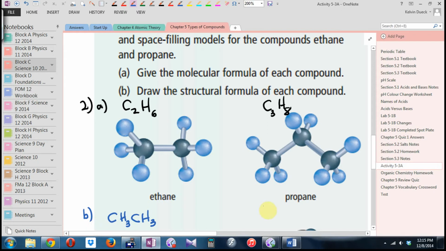Let's try doing propane. The first carbon, how many hydrogens does it have on it? 3. So I would go CH3. There's a middle carbon. H2. There's a final carbon. H3.